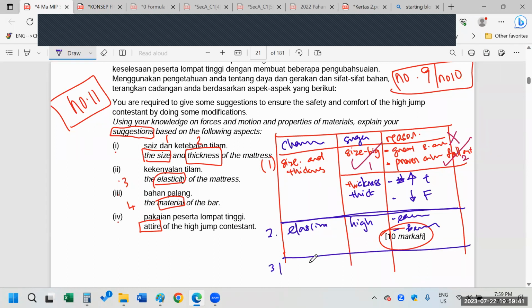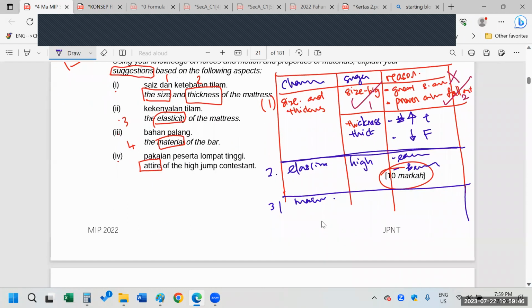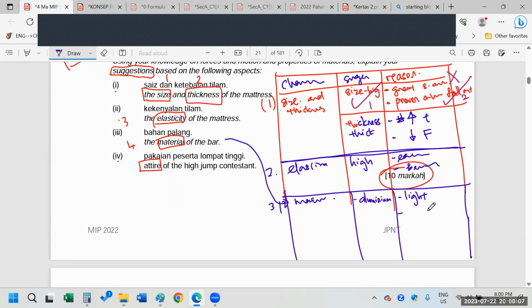Then number 3, material of the bar. Okay, this one, material, you can always write 2. So, for example, you name it of the bar. Name, for example, aluminium. You write because it is light, because it is light means easy to carry around.